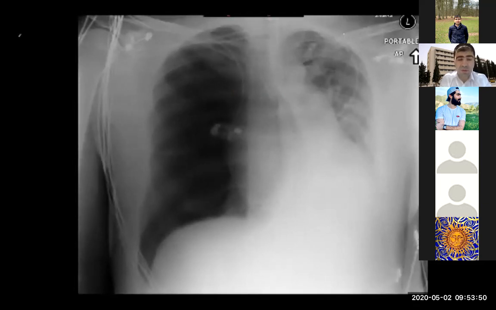You mentioned D, the diaphragm, that you cannot visualize on the left side. And what about E, effusion? There's no effusion. Okay. For the lung field, there is a darker lung field on the left side.